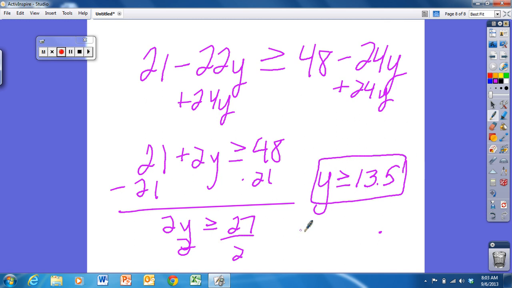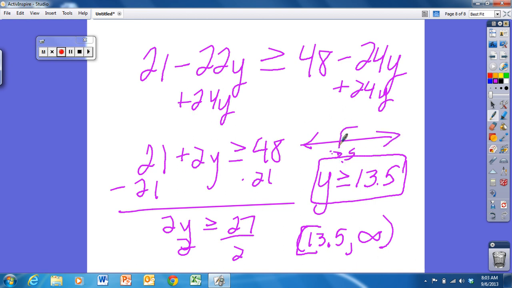Okay, and if you had to write that in interval notation, you would say bracket 13.5, comma, infinity. Remember, infinity and negative infinity always have a parenthesis because you can never actually equal infinity. And sometimes you have to draw a number line, so obviously you know how to do that. 13.5 bracket greater than.